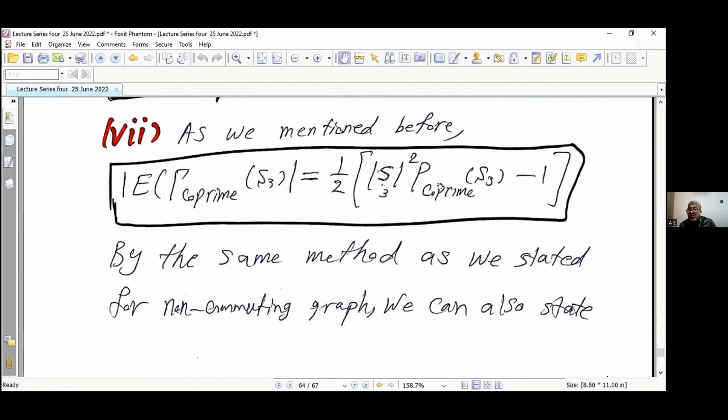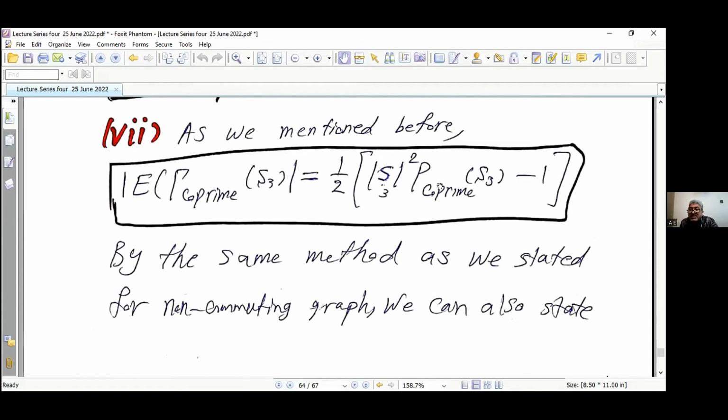Take two vertices in the adjacency matrix. The entry of these two vertices in the adjacency matrix is 1 if they have co-prime order, and is 0 if they do not have co-prime order. So we can count the number of pairs through the adjacency matrix.